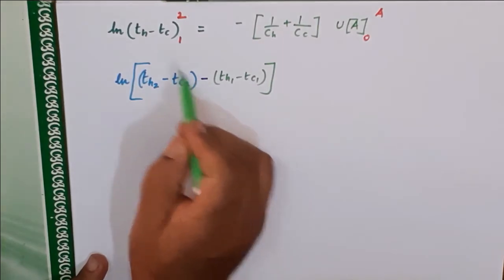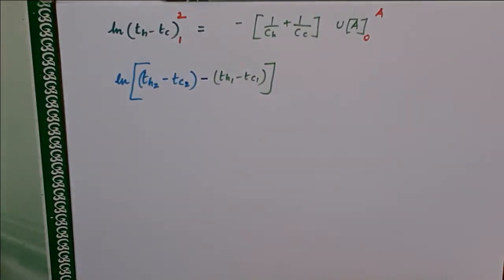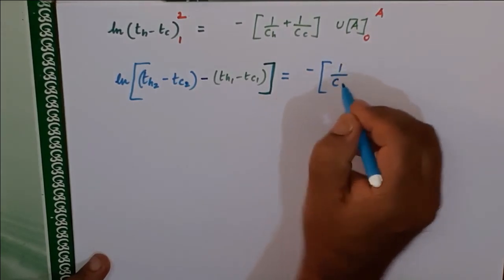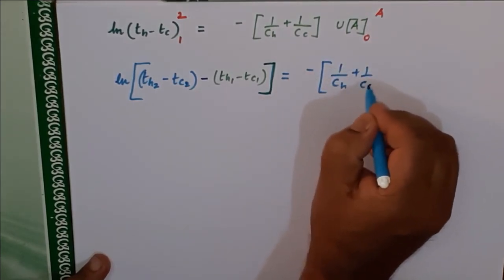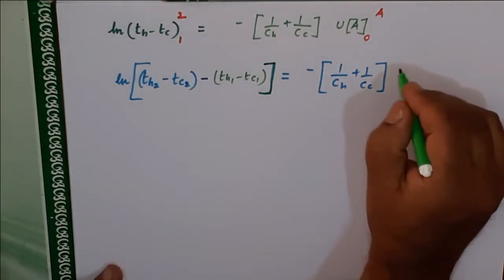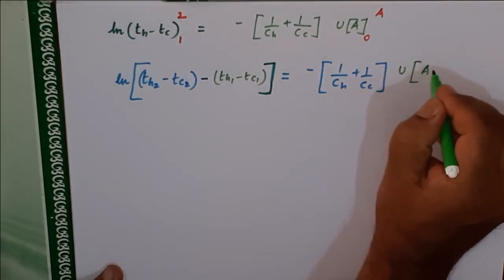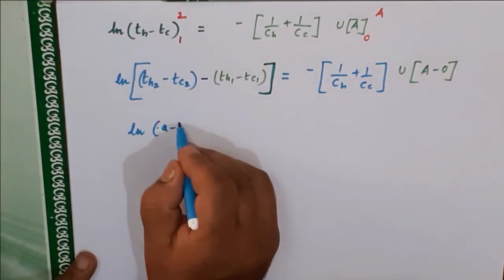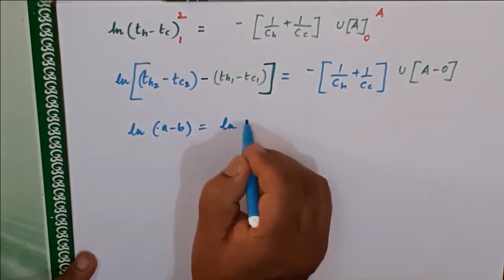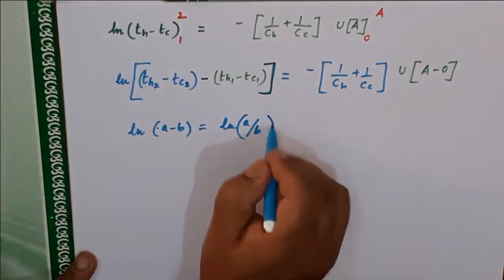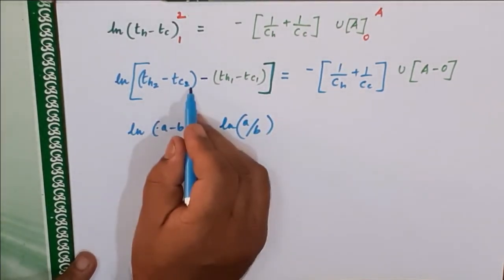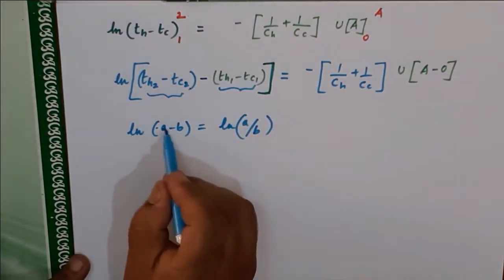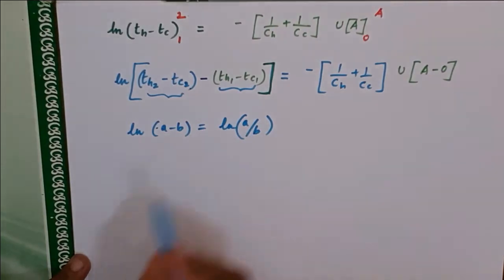So the term, limit 2, 2, minus limit 1, 1 is equal to minus (1 by CH plus 1 by CC) U into, apply the upper limit A minus lower limit 0. A minus B is nothing but ln of A whole divided by B. A is this term, B is this term.